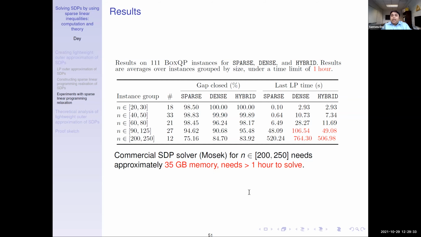The takeaway for me from these experiments was the following surprising fact: when you add these sparse inequalities, or even if you look at the hybrid, the gap that you close with respect to the SDPs is almost the same, and this is surprising.